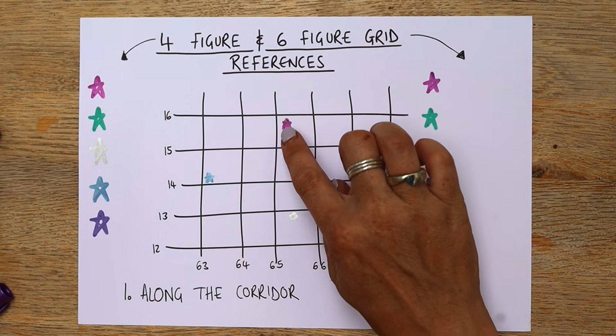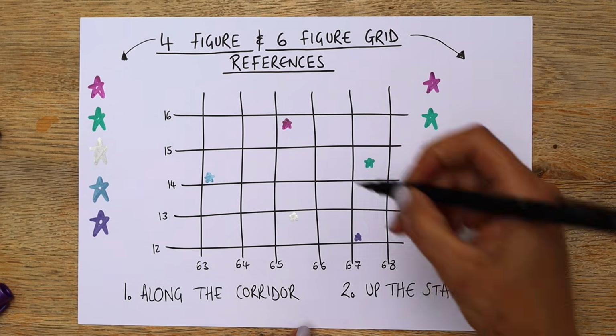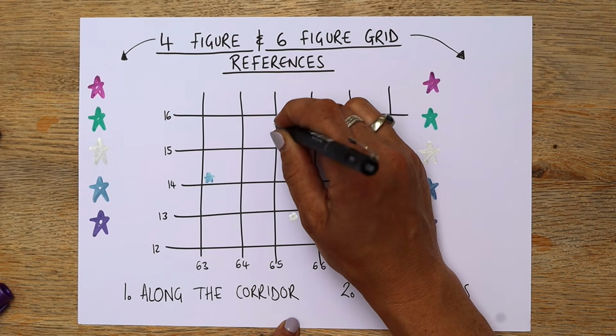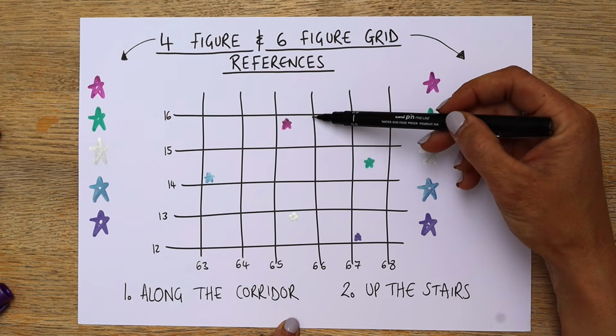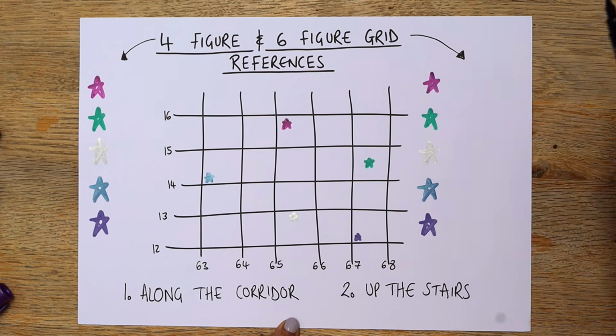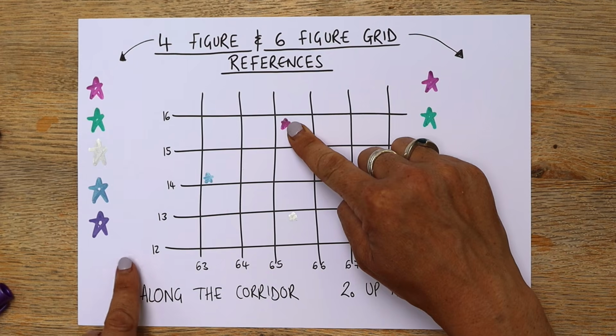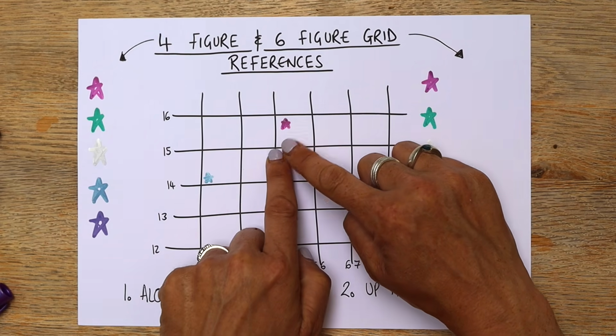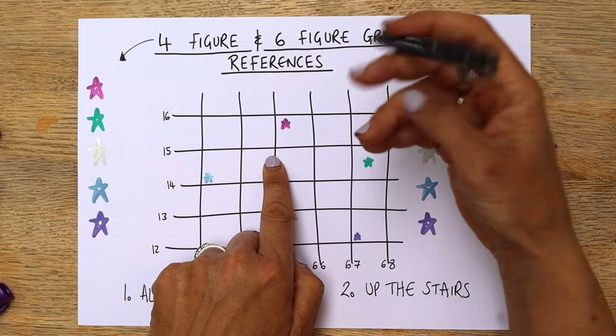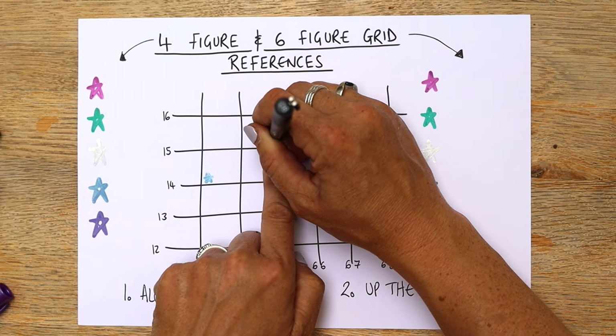So for example, if I want the pink star, I'm looking for this whole box. I'm not looking up here or just down there. I want the whole box first of all, so I put my finger in the box. Now I go along the corridor to 65, okay, because that takes me to the bottom left-hand corner of that box.